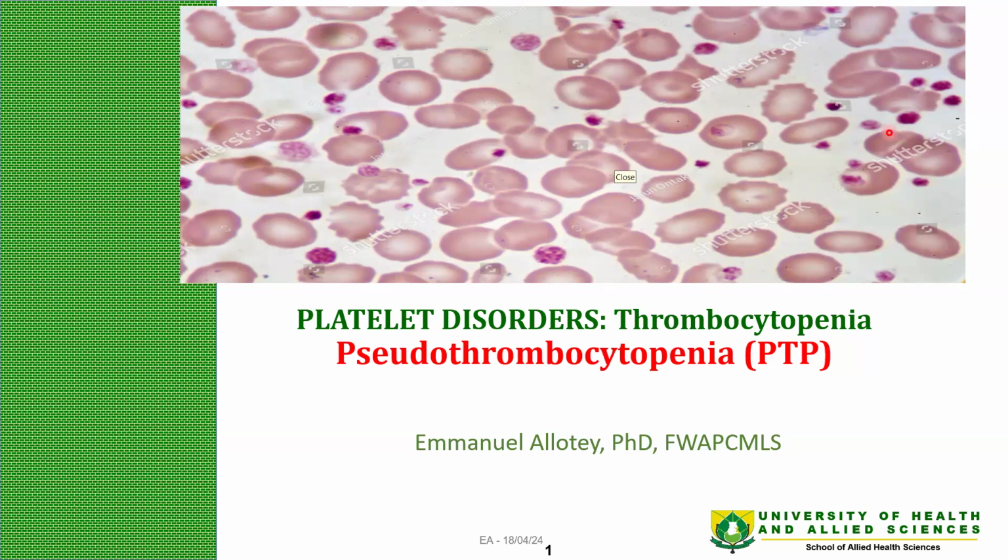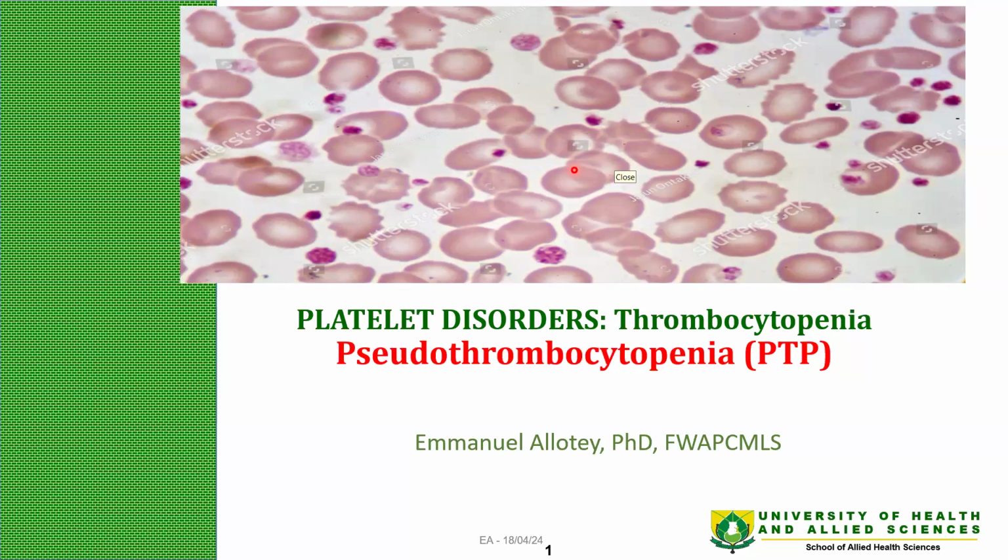And there are also quite a number of them. So these are cells that are referred to as platelets or clot cells. The name clot cell came about when it was discovered that their major function was in helping to arrest bleeding.